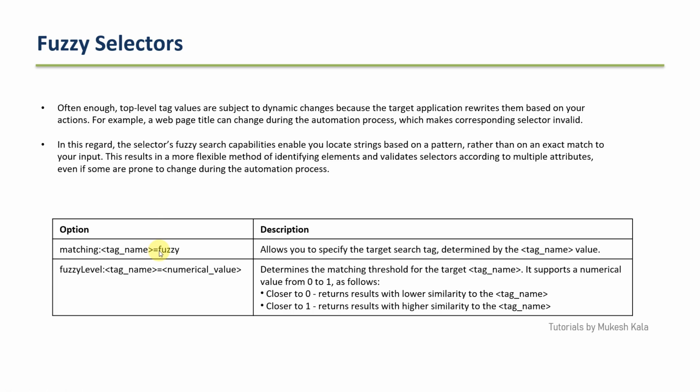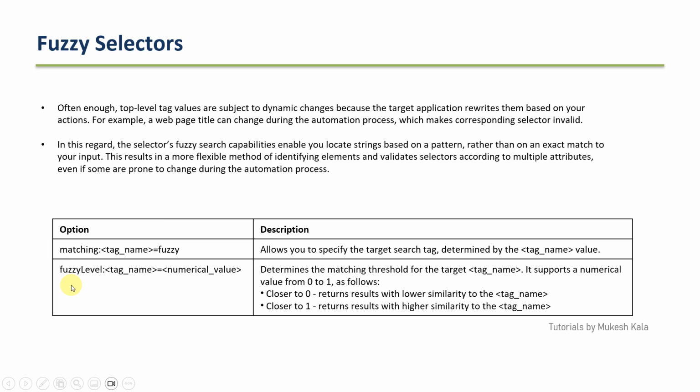Now when you say that you are doing fuzzy matching, UiPath Studio will ask how close, what is the threshold for the target. That threshold is a numerical value with a range from 0 to 1. Closer to 0 means lower similarity. Closer to 1 means higher similarity. So these are the two attributes, guys, which you need to remember.